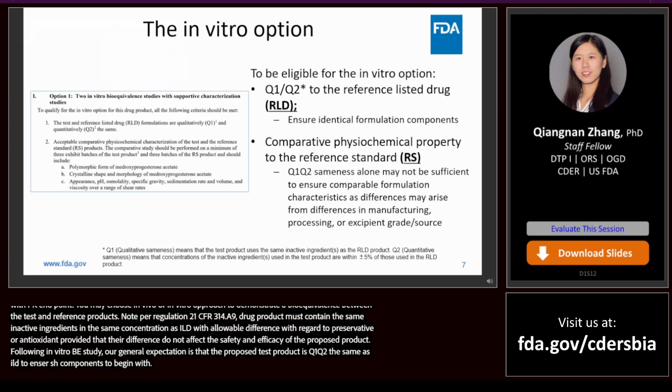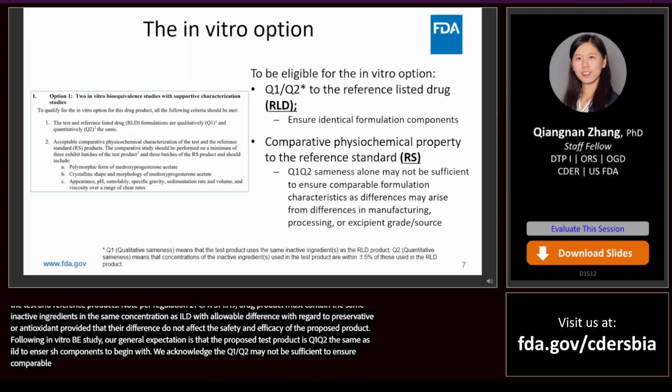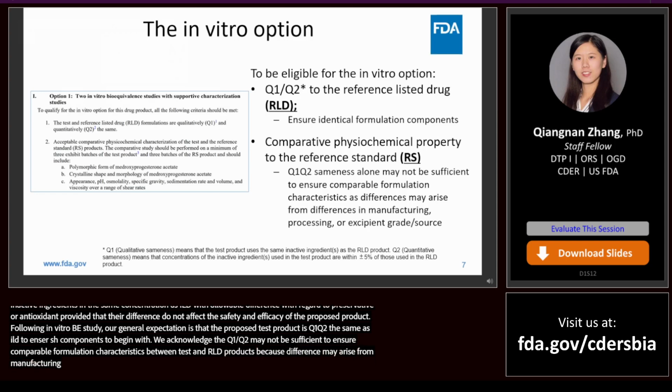We acknowledge the Q1-Q2 sameness alone may not be sufficient to ensure comparable formulation characteristics between test and RLD products, because difference may arise from manufacturing process and/or excipient source.